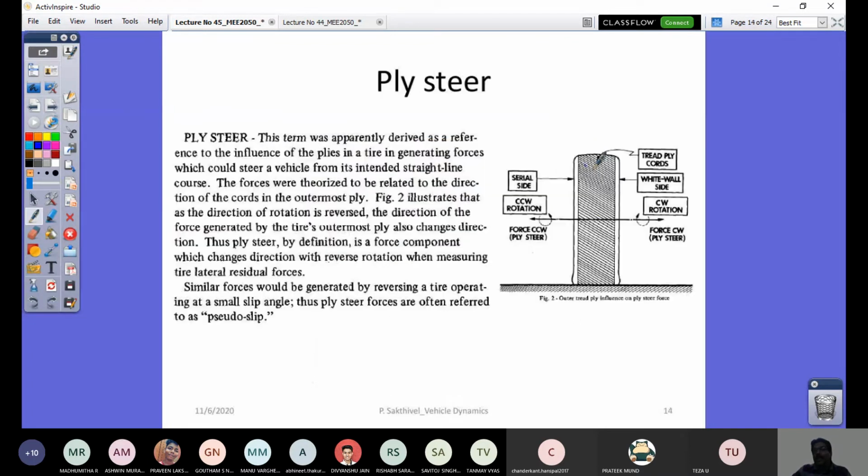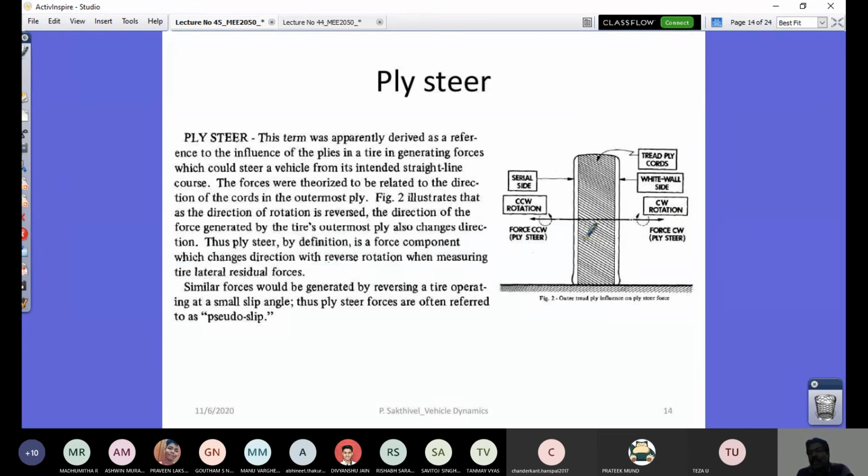And what is this Ply Steer effect? You see this picture of the tire with the orientation of the cords like this on the outermost ply. This ply would create a steering force, like a steer effect. That's why it is called the Ply Steer effect, and it would create slipping of your tire.